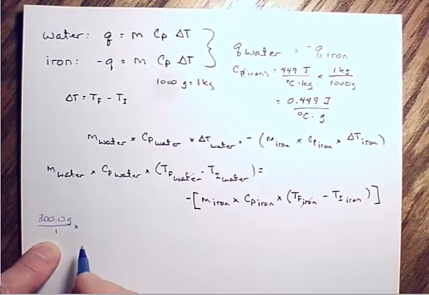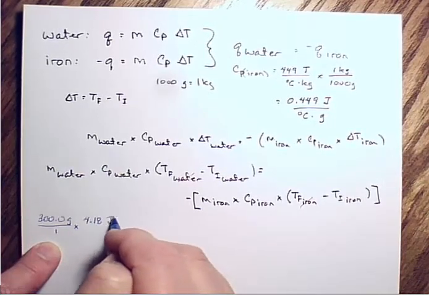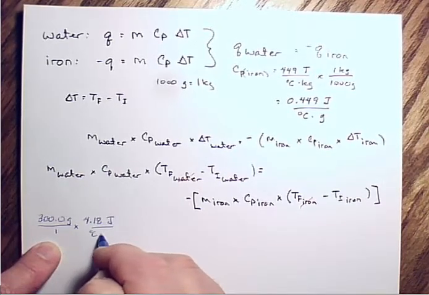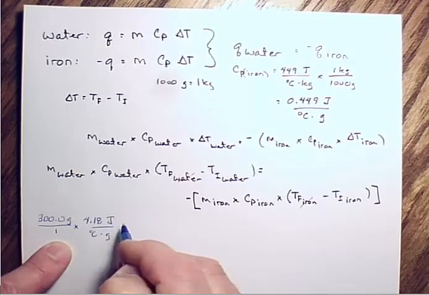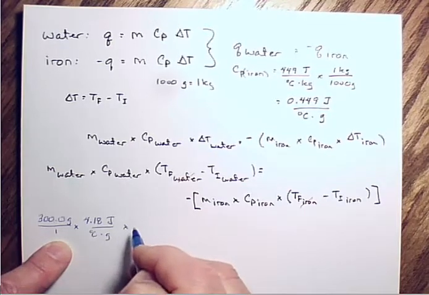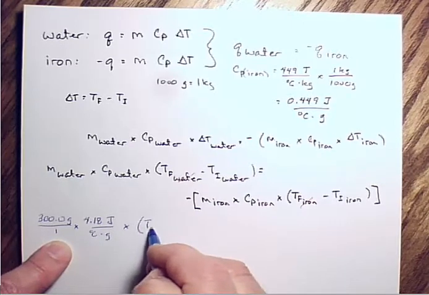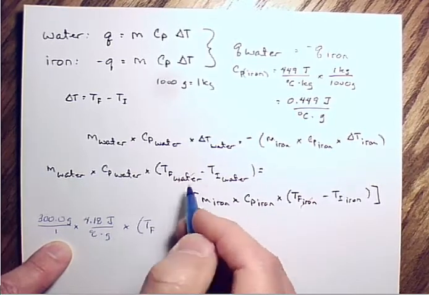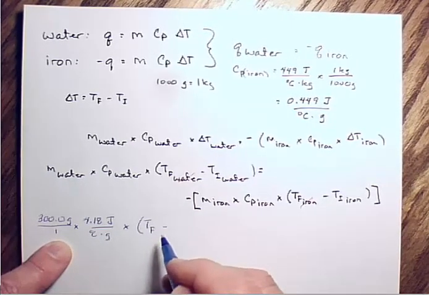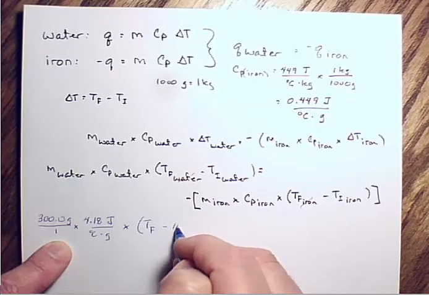Specific heat for the water, 4.18 joules per degree C per gram. Temperature final for water we don't know, so we leave it as TF. We do know the initial temperature for the water is 10 degrees C.